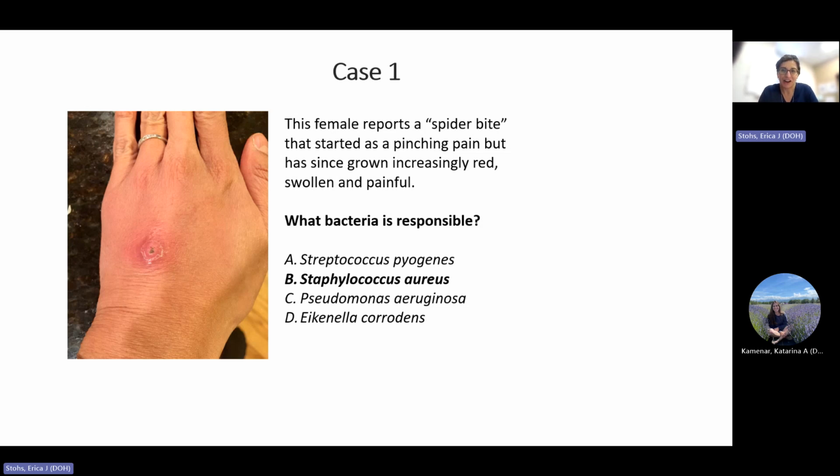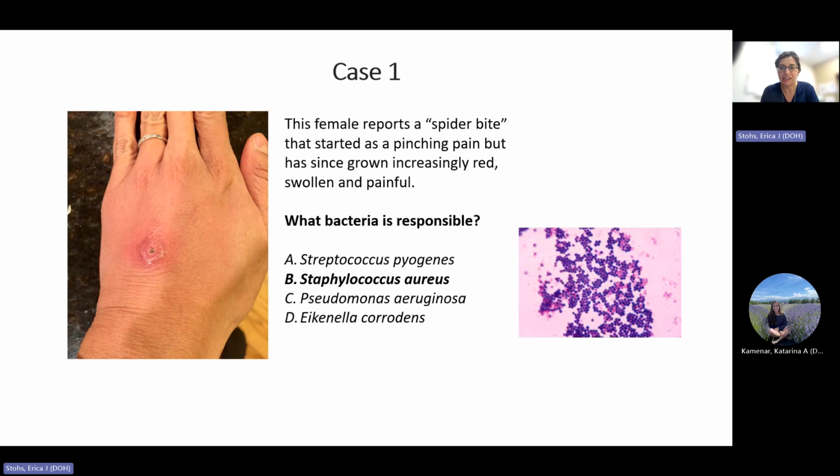Very often people think of these as spider bites for whatever reason, and that's the presentation. In honesty, there is often a little crust or crater involved, and that may be where the pus started to drain out or where people were picking at it, and that often gives the illusion that maybe it was a bite.